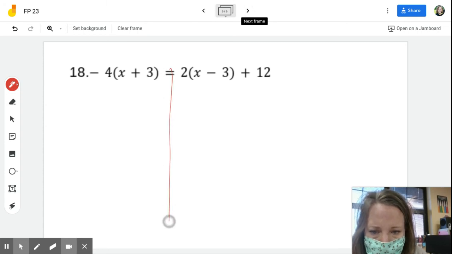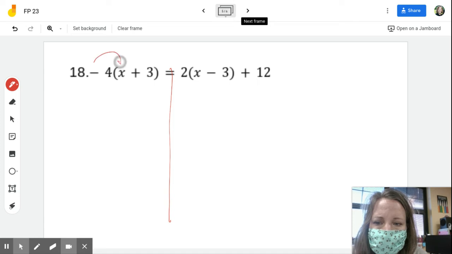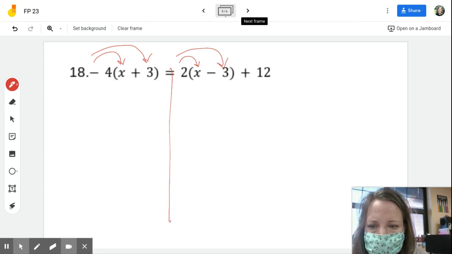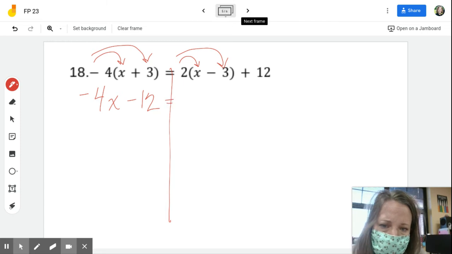Okay, let's do number 18. So we've got our equation here, and whenever we see those parentheses, we have to think of the distributive property. So we have negative 4 times x is negative 4x, and negative 4 times a positive 3 is negative 12, and then we have 2 times x, and 2 times negative 3, and then plus 12.